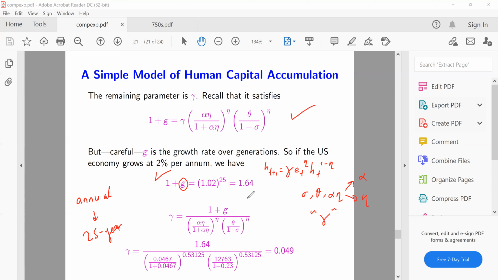So annual rate, G annual, plus 1, so that would be the gross growth rate, to the power of 25, would give you the gross growth rate 1 plus G, which is equal to 1.64. And then you put all the other things into account, and you calibrate gamma as equal to 5%.